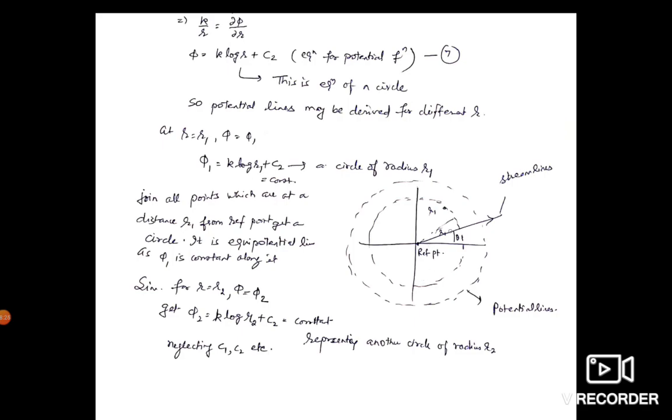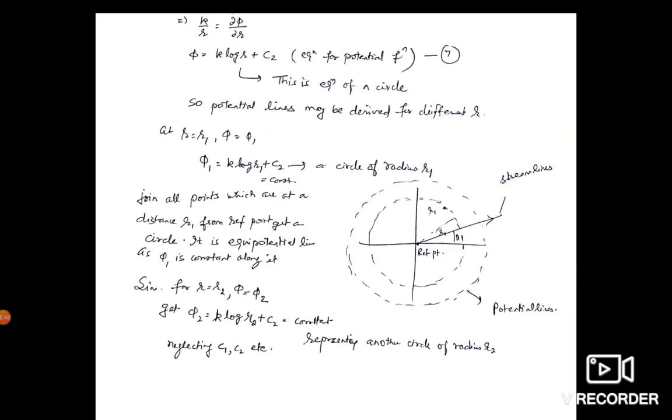As you get different values of R, suppose here we get R is equal to A1, we get one circle. If I get R is equal to A2, we get another circle. So in this way, these are the potential lines and these are the streamlines, and we may easily see that these are perpendicular to each other.